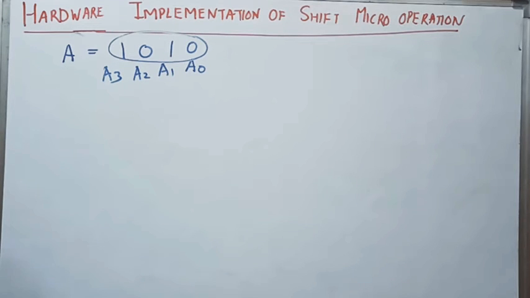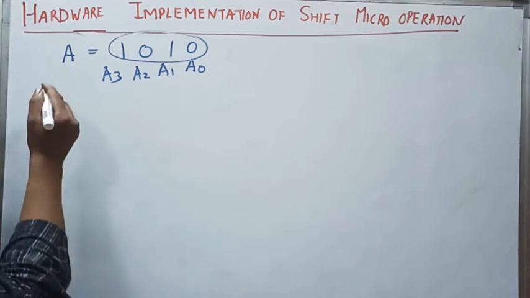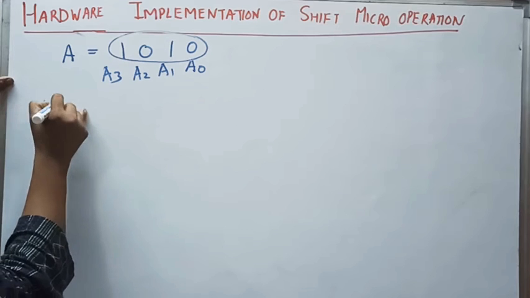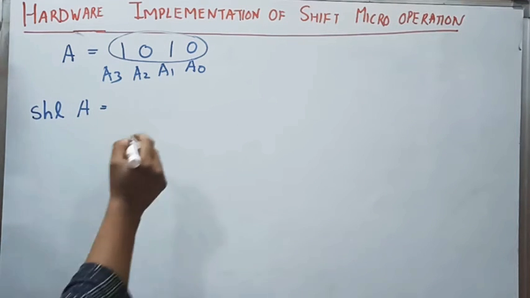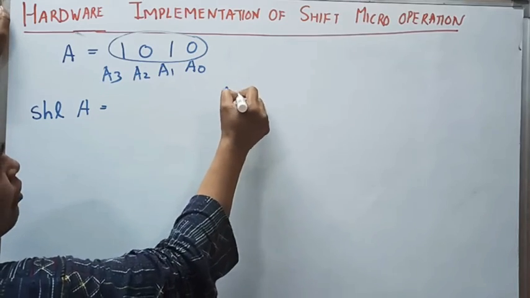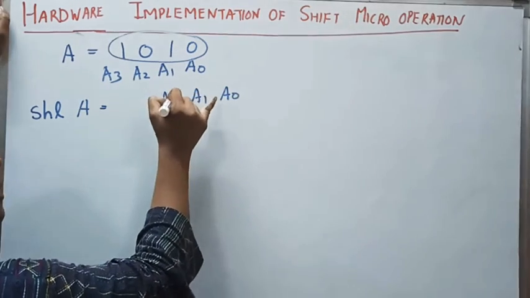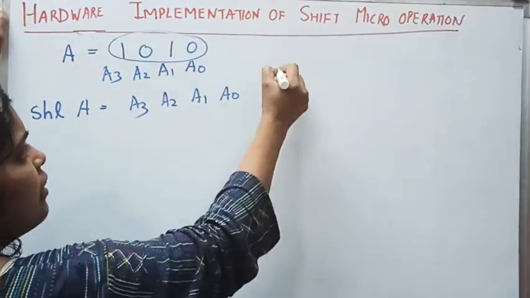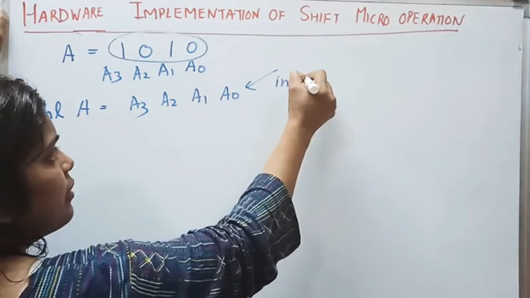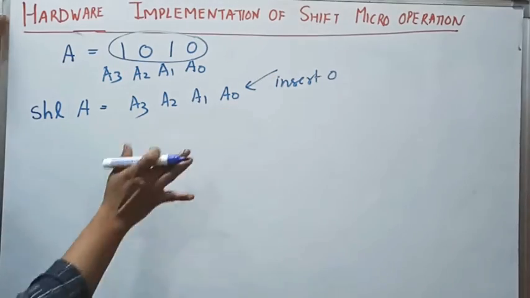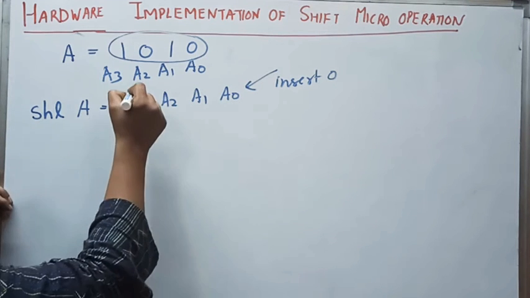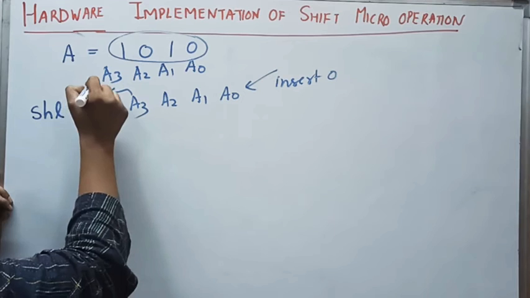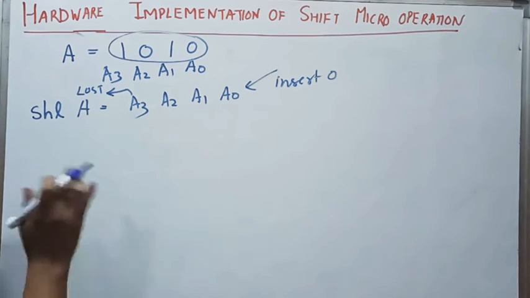Now, if I am applying SHL, shift left, on A, what does it mean? In this A0, A1, A2 and A3, we insert 0 here, and this particular A3 will be lost, whatever the content of A. So what will be the result?